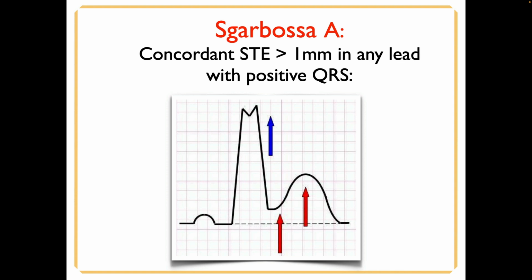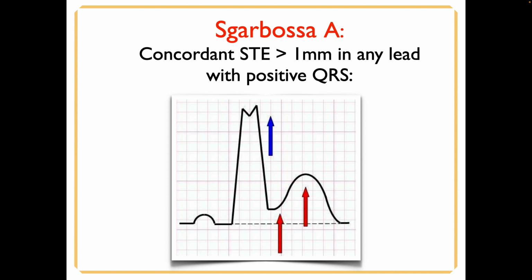Concordant means that instead of ST depression, you see ST elevation. You see an uppie with an uppie. Don't worry too much about the T wave. We're just going to worry about the J point. Uppie with uppie is Sgarbossa A. If you see it even in just one lead, it doesn't have to be 2 or 3, doesn't have to be contiguous, just one, that's really good evidence for STEMI.